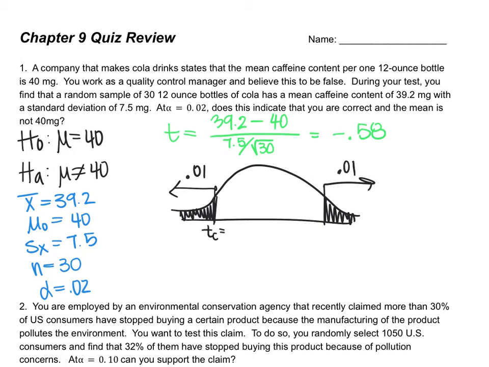So to find our two critical values, we go to our upper tail probability of 0.01, and then our degrees of freedom are 29, which 29 is in our table. That gives us 2.462.